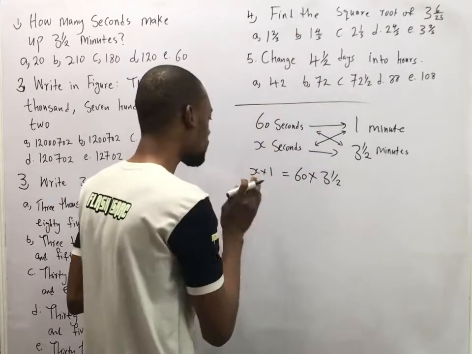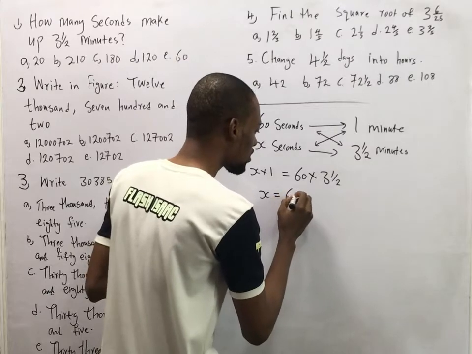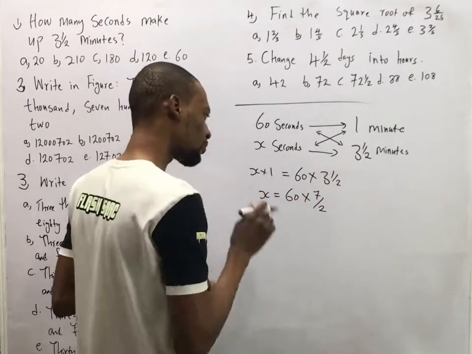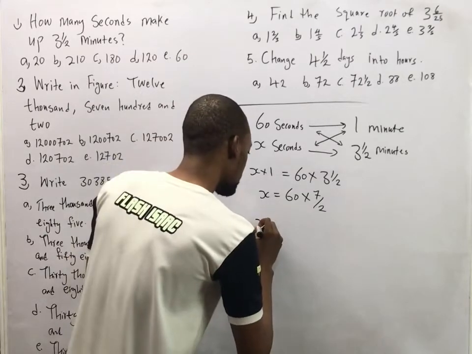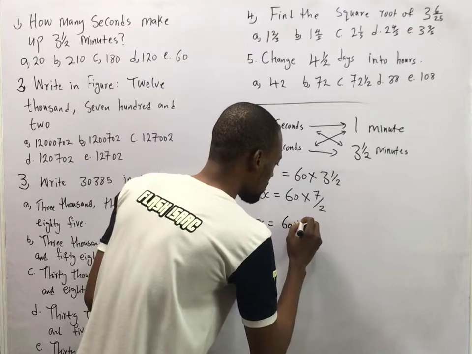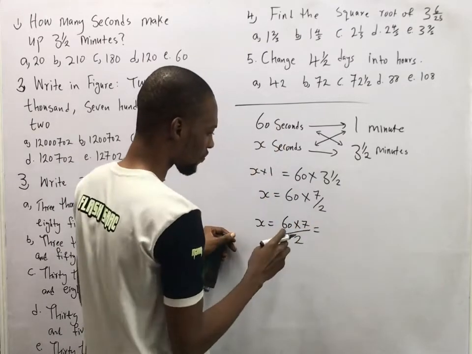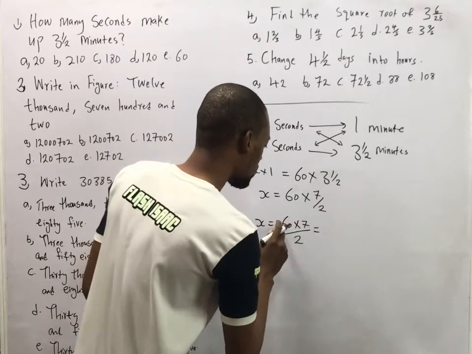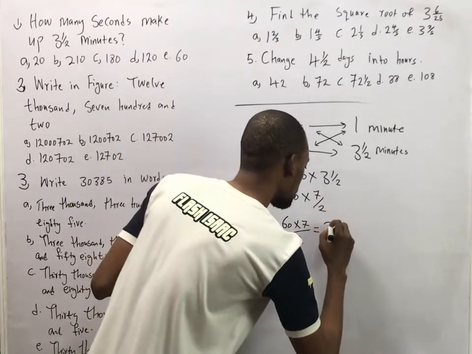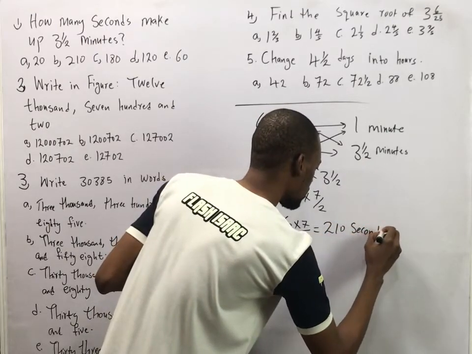So we come here and say S times 1 is S. S is equal to 60 times 7/2. 60 divided by 2 is 30. 30 times 7 is 210 seconds.